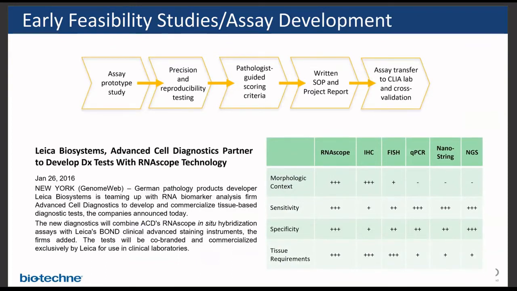And then once the images have been acquired, based on discussion with the sponsor, we establish a pathologist guide and scoring criteria. So wherever this assay is being developed, whether it's a CLIA lab or a different type of lab, we'll work to see if our results align, basically.